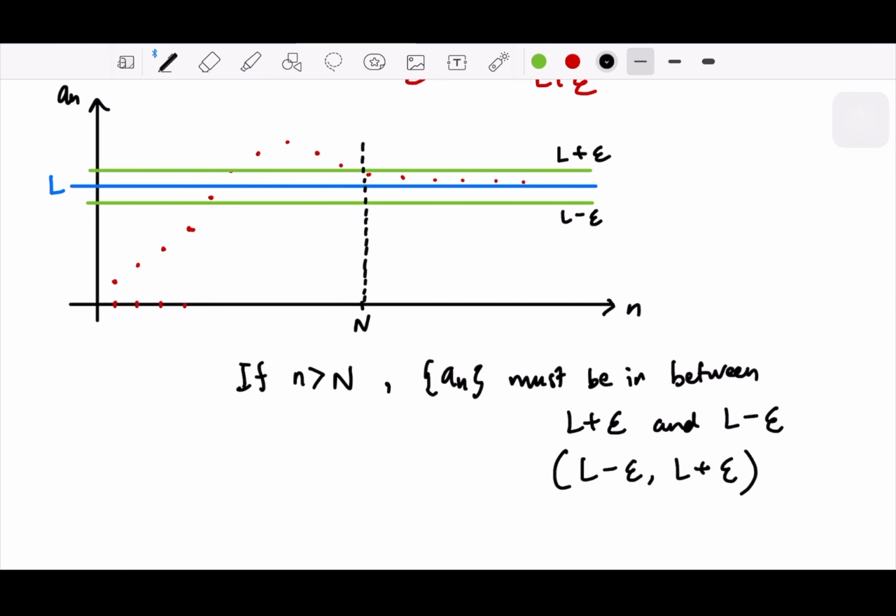And this must be valid no matter how small the distance. Even if we shrink it further, it should still be in between those, saying that there is some small distance, epsilon. And of course, it will diverge if they are not approaching a single number.